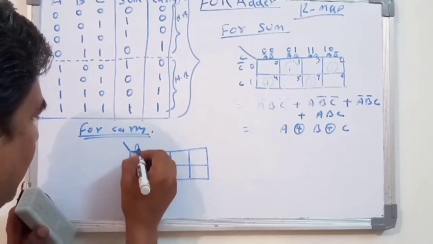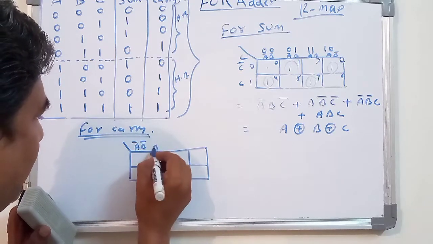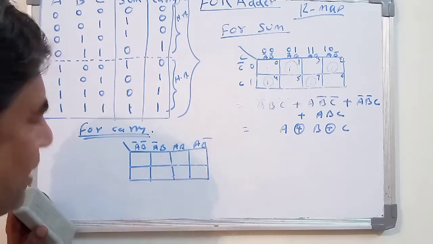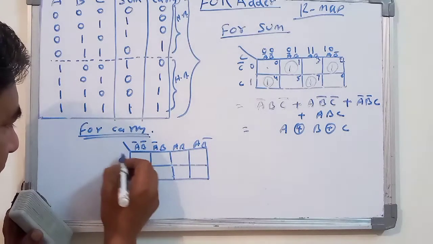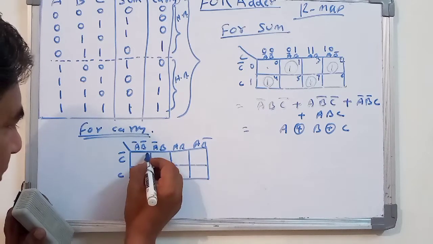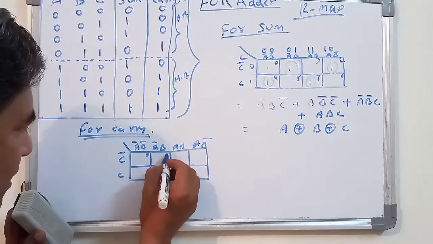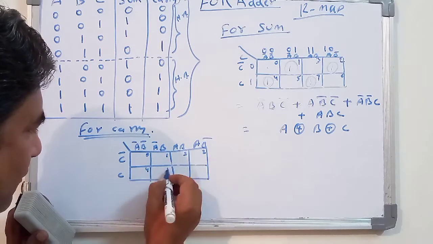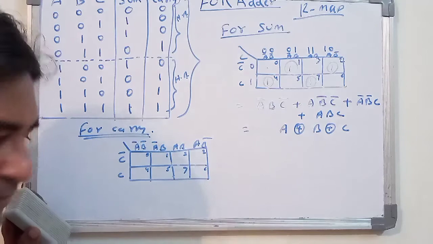Then here the A bar B bar, A bar B, then AB and A B bar. Here again the third variable, that is C bar and the C. Just write down in the corner, that is 0, 1, 2, 3, 4, 5, 6 and 7.